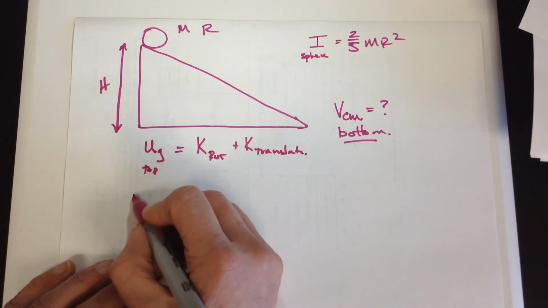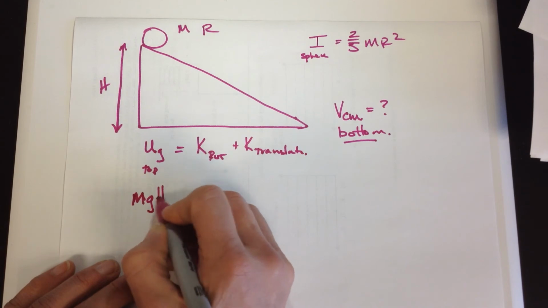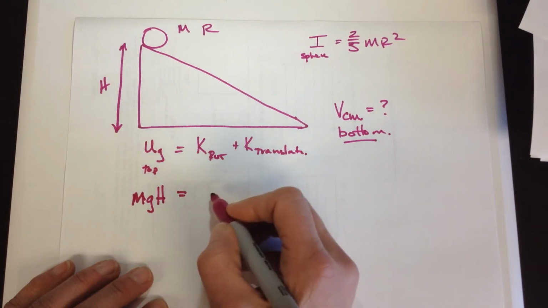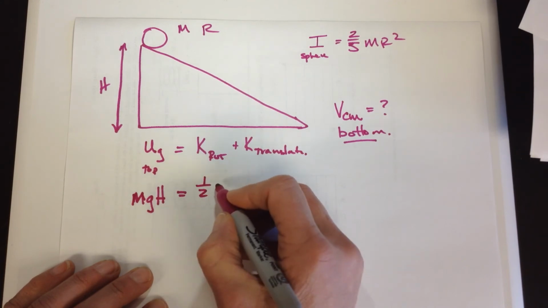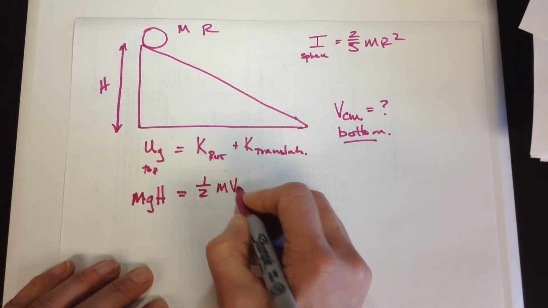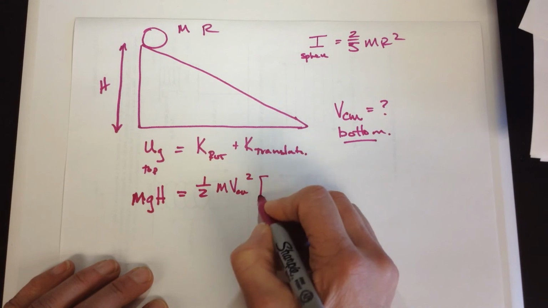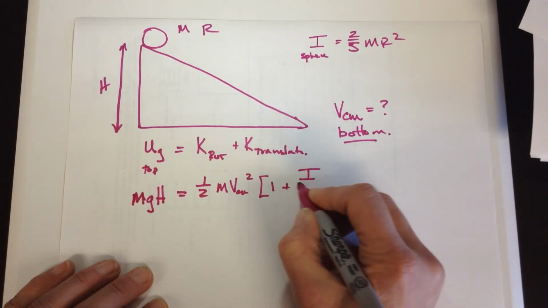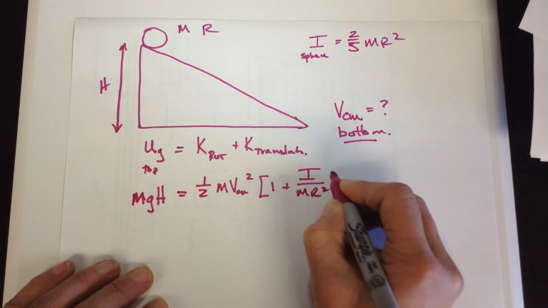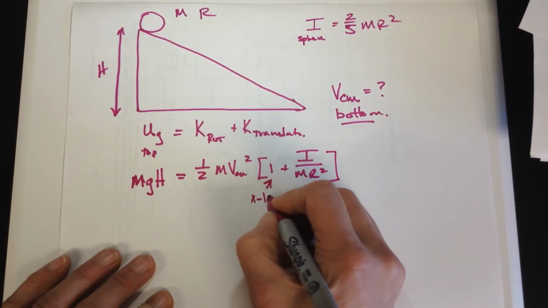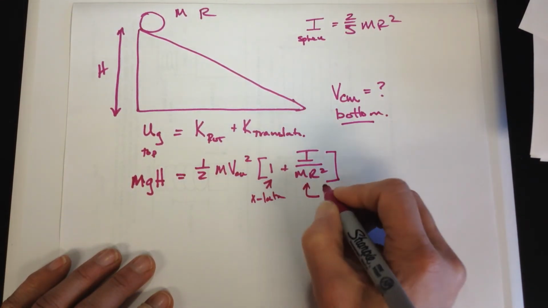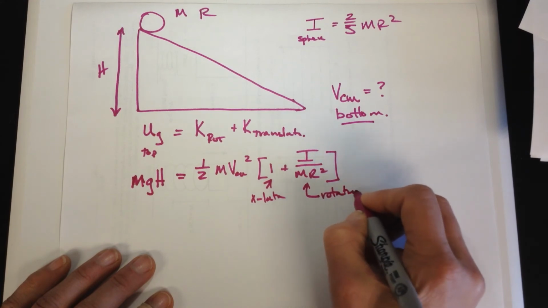At the top, we're going to get m, the mass of the ball, times g times big H. And I'm going to use that total kinetic energy that we derived on the last page: 1/2 m v center of mass squared, times 1 plus rotational inertia over mr squared. Again, this is our translational factor, and this would be our rotational kinetic energy.